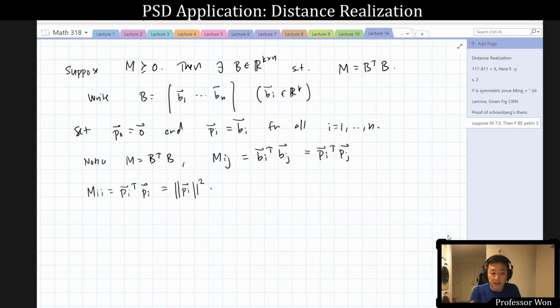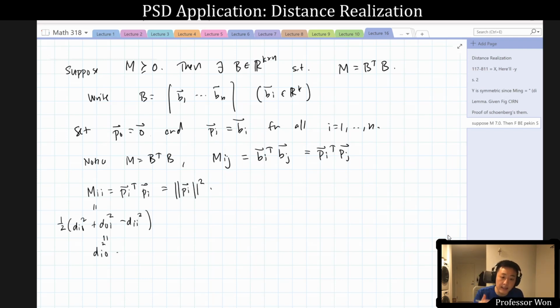But remember, by the definition, M_ii was d_i0 squared plus d_0i squared minus d_ii squared. Maybe I should write this down. But by the conditions that we put on the d_ij's, this is just, sorry, 1/2 this. This ends up being just d_i0 squared. So what does this say?